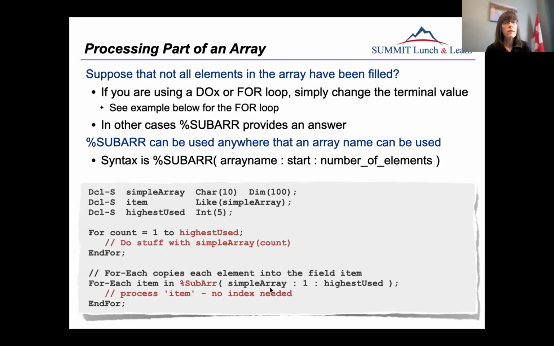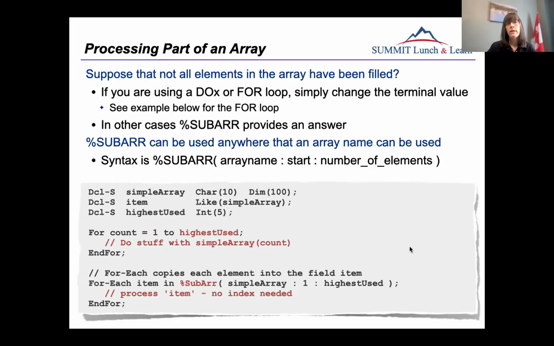But for many other cases, including in the for each, a simpler way of doing this is going to be to use the %subarray. That can be used anywhere that an array name can be used. You see the example here. I'm saying that I only want to process the elements in the simple array from the first element to the highest used element. Again, I'm assuming that I have kept track of which one was the last one used.